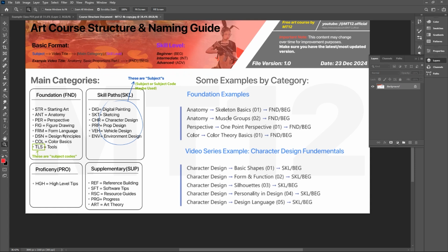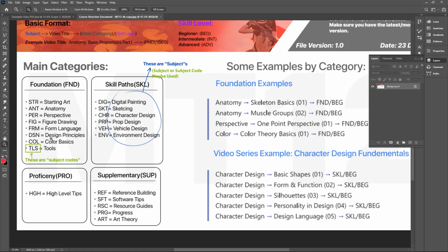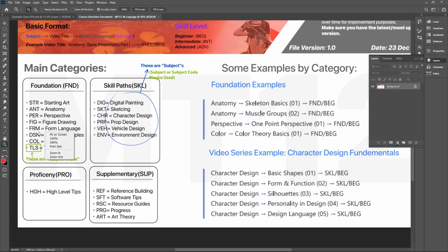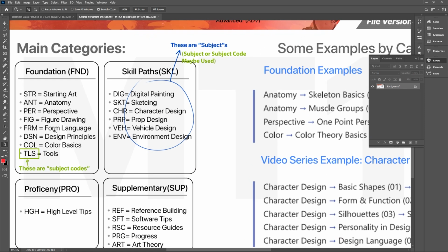Let's assume that, as you can see, we have design principles. Maybe let's talk about the form language, okay? I haven't started the form language series yet, and let's say I have decided to start the video series for form language.